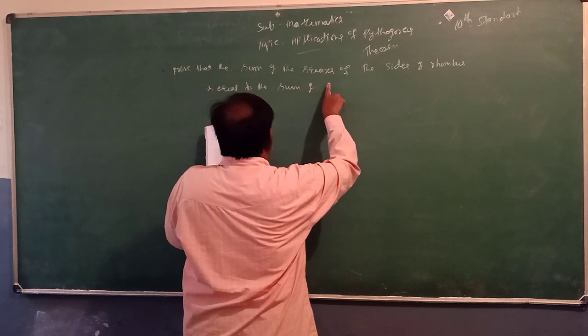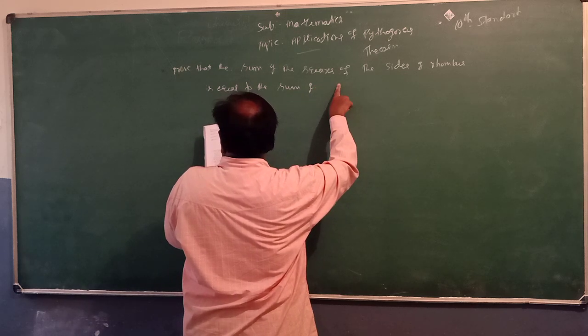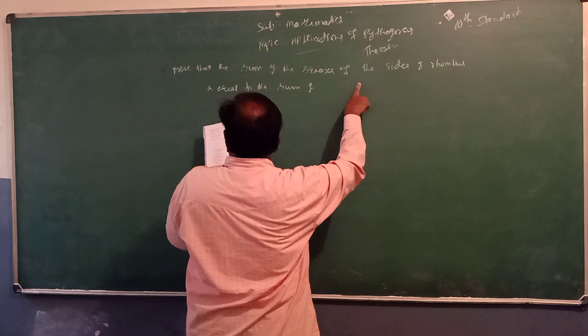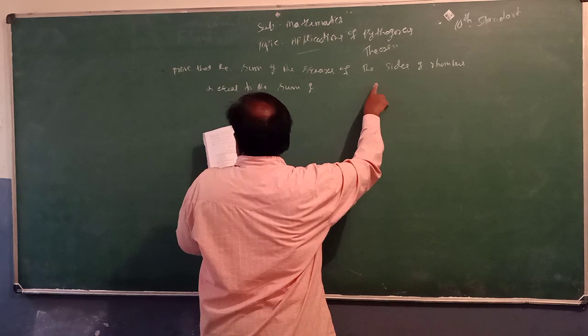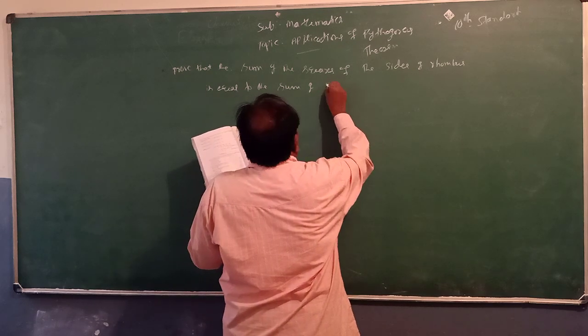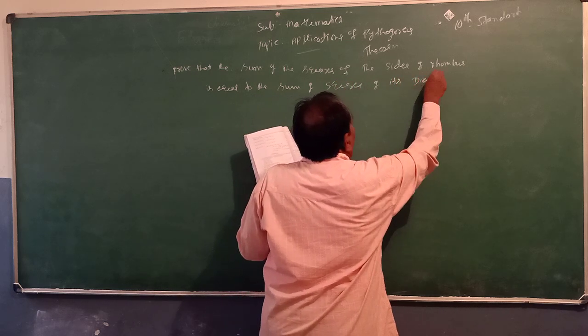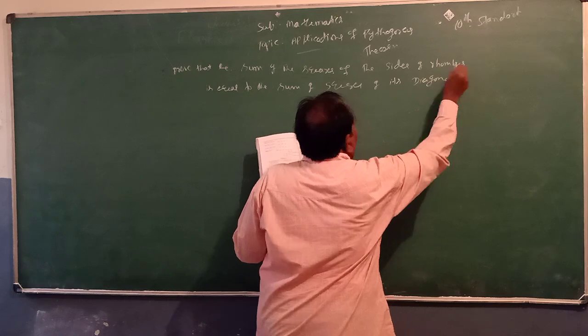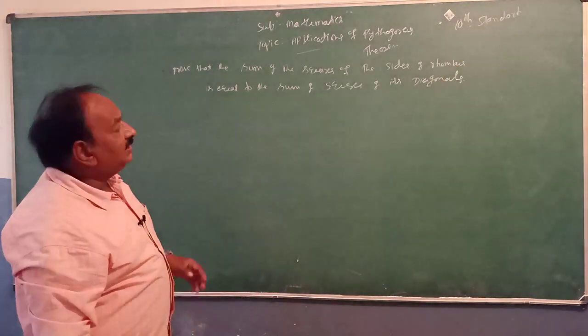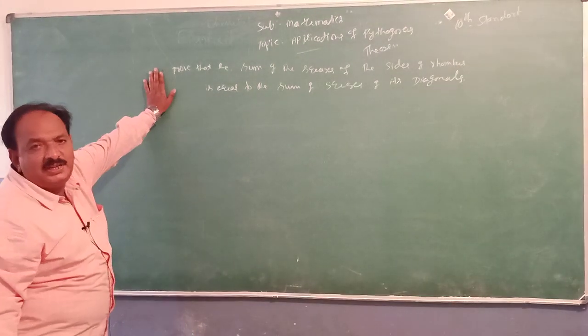Prove that the sum of the squares of the sides of the rhombus is equal to the sum of the squares of its diagonals. Well, this is a very important problem, my dear students.